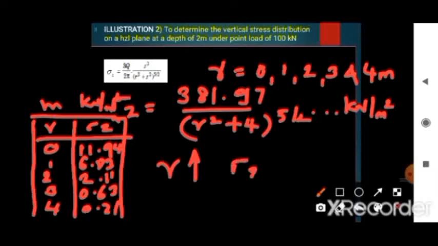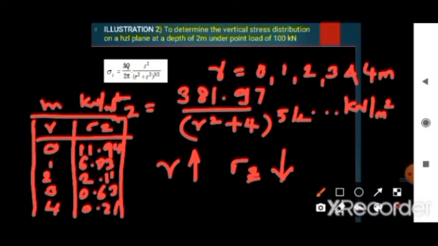The trend of sigma z is decreasing, as I said. So this should be the pattern. Now if we plot with the value of r as well as sigma z, the shape of the vertical stress distribution diagram will be something like this.